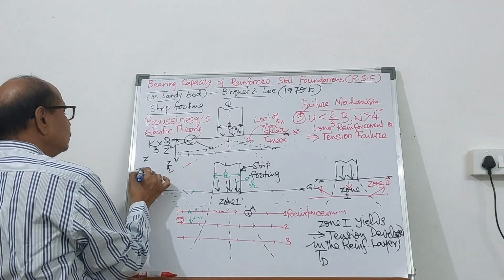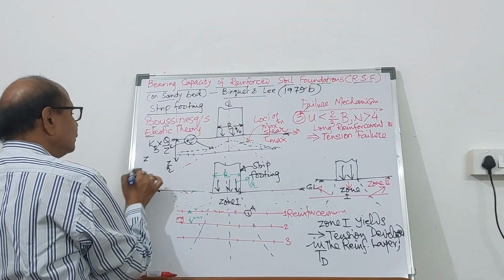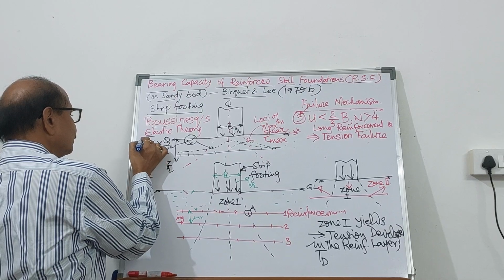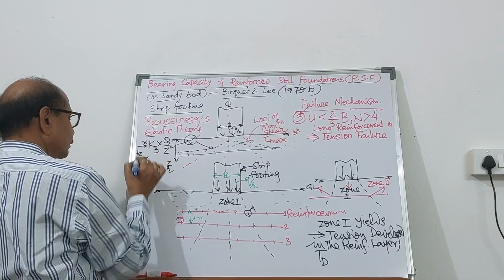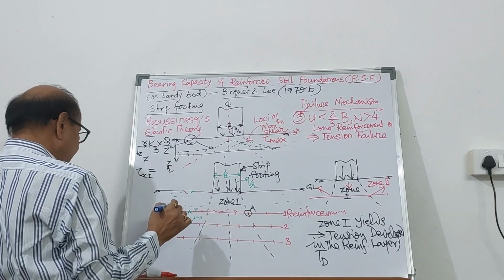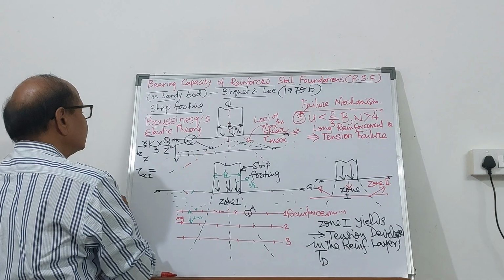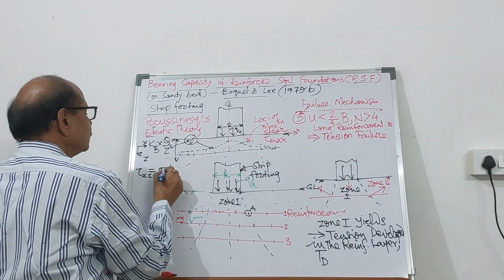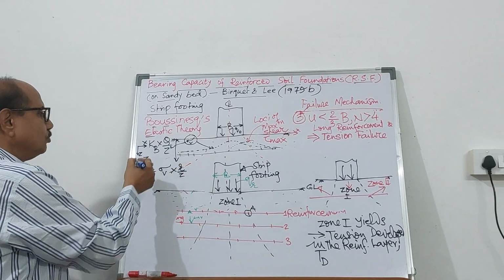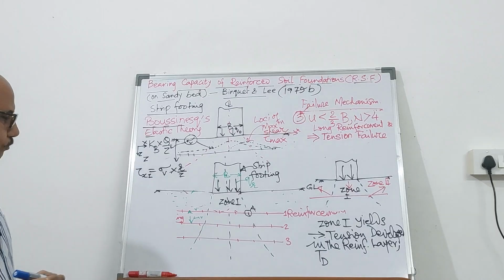So tau xz, the x direction and the z direction, will be sigma v, the vertical pressure, multiplied by r by z. This is what you learned in Boussinesq elastic theory.